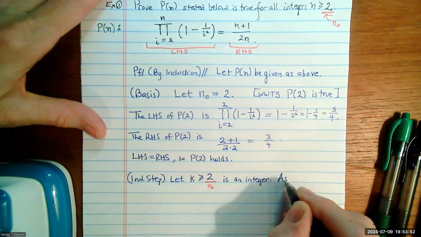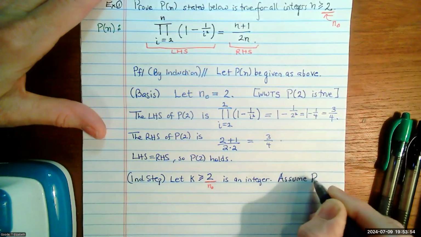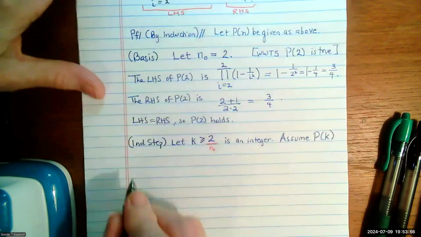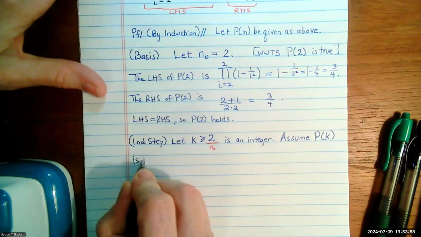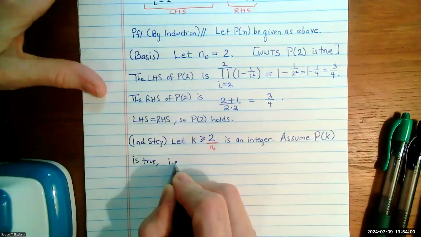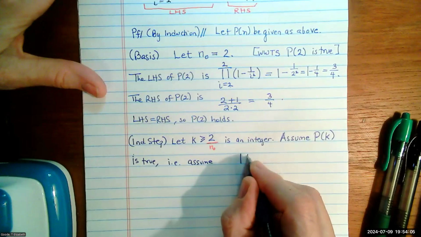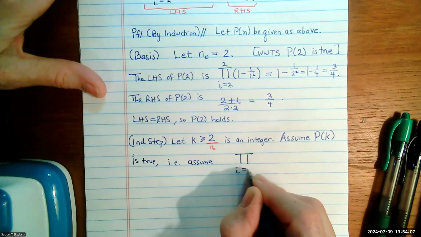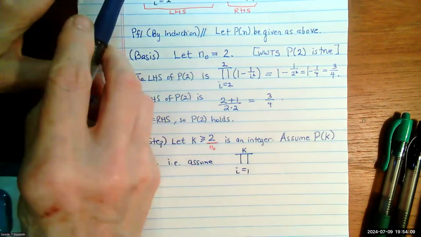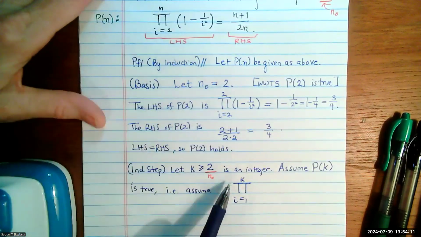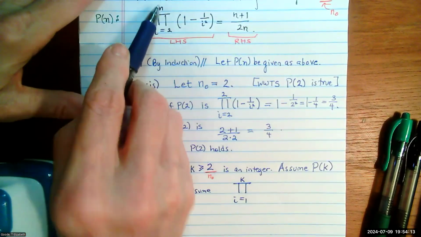And now here's our inductive hypothesis. We're going to assume P of k is true, i.e., we're going to assume that the product from I equals 1 to k, you see, we're going to put a k in everywhere we used to see an n.